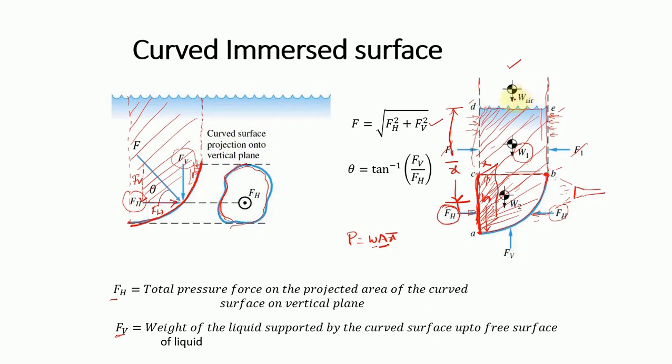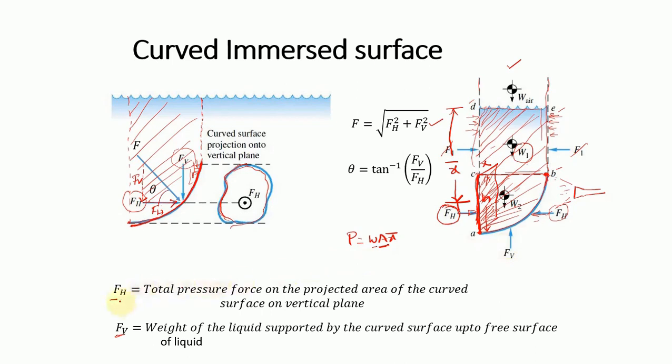Suppose if any external pressure is there, we have to take that pressure also. If it is air, then we need to take atmospheric pressure. So W1 plus W2 will give us the vertical component of this force. Very simple.